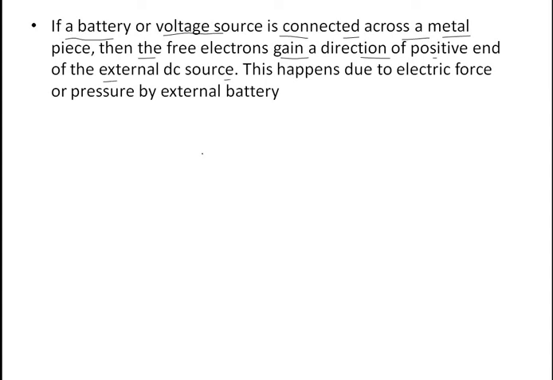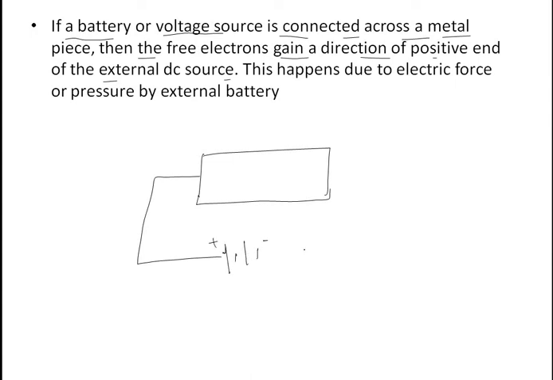So now I will draw a diagram of a metal piece which is connected to a battery source. Suppose this is a metal piece, I am connecting it to a battery source. This is positive and this is negative end. As soon as we connect a metal piece to a battery source, the electrons in the metal piece gain a direction.